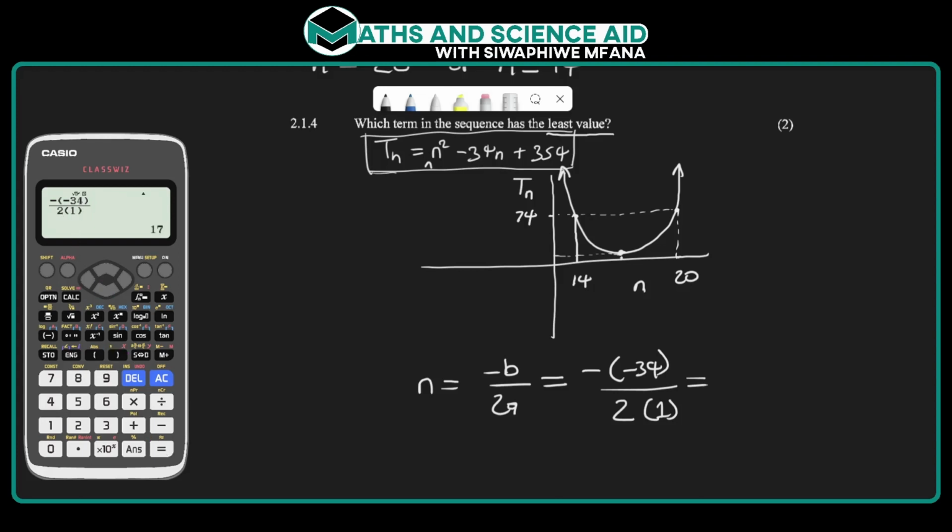So that is equal to 17. It means that the term in the sequence that will have the least value will be term number 17. But of course, this is not the only way in which you can solve this problem or find that turning point.